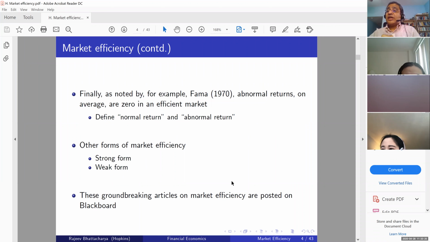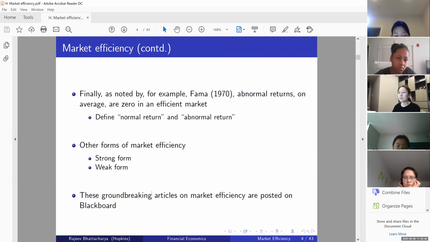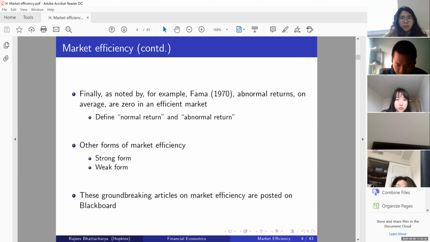Okay, what we don't say abnormal returns anymore, we try to use the word extraordinary return. Can somebody quickly tell me what exactly is an abnormal return, or an extraordinary return?